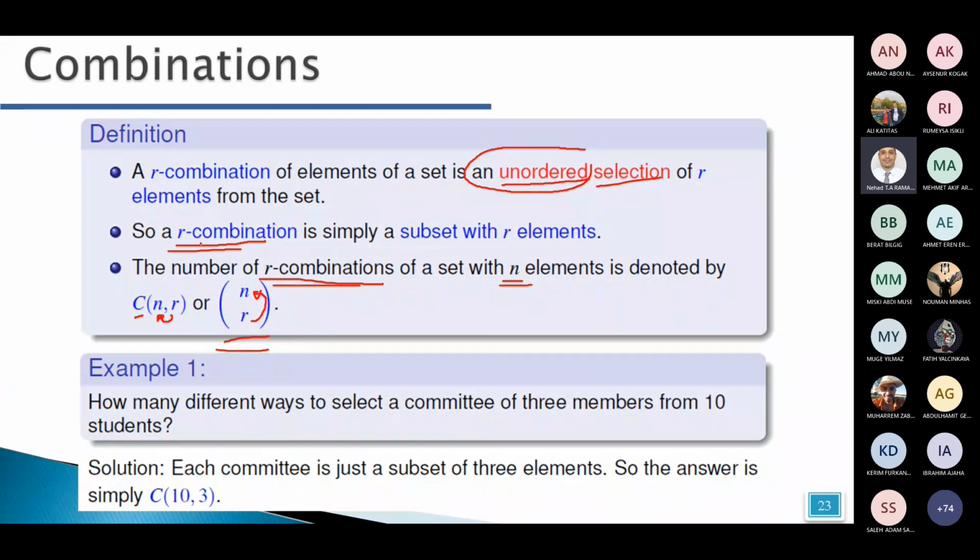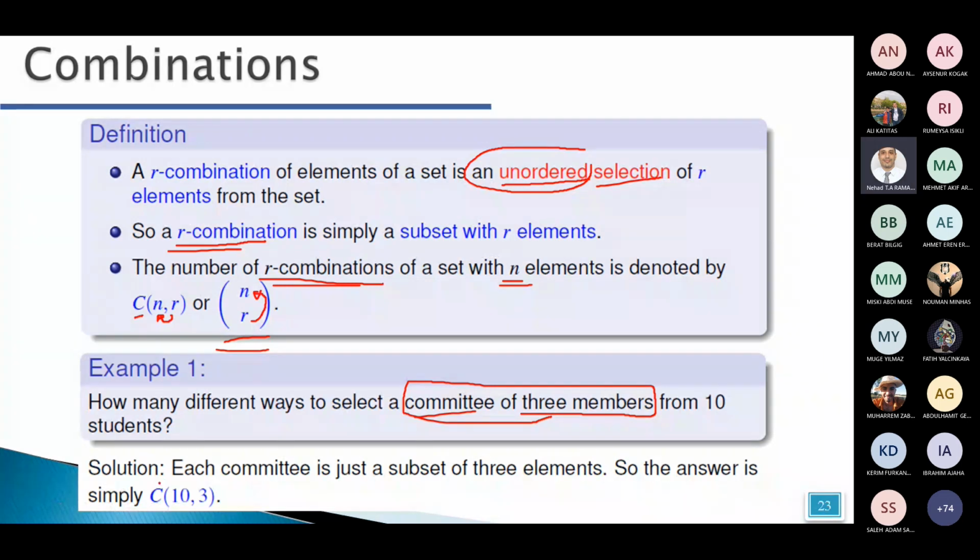For example, how many different ways to select a committee of 3 members? Here, order doesn't matter. We need 3 members out of 10, 3 people out of 10. So, because there is no order, we need to select a committee of 3 members from 10.